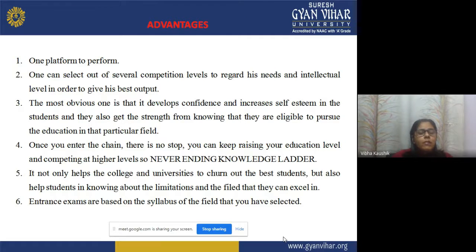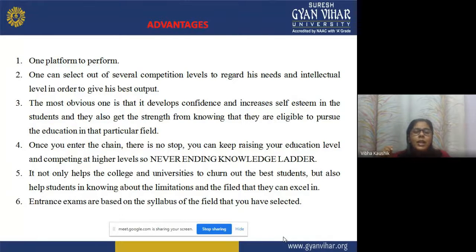Now, what are the advantages of an entrance exam? One platform to perform: the entrance exam gives one platform to the students on which they have to perform. One can select out of several competition levels to regard his needs and intellectual level in order to give his best output.